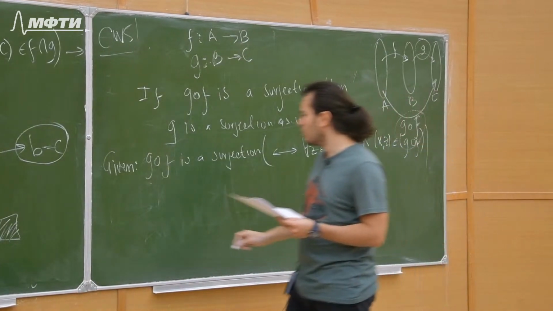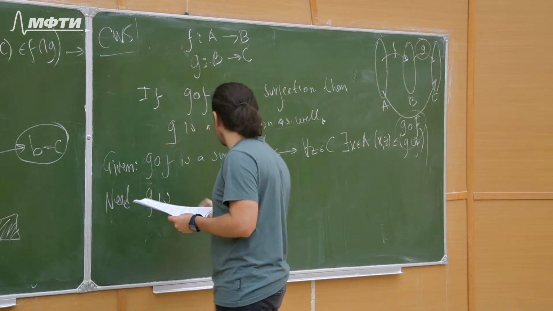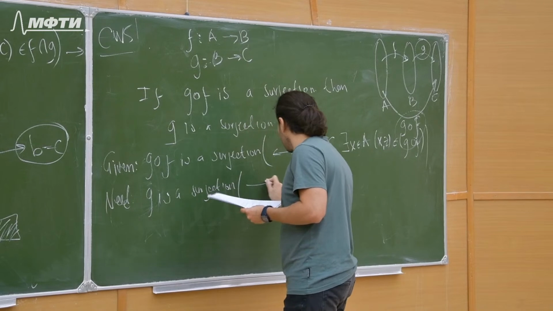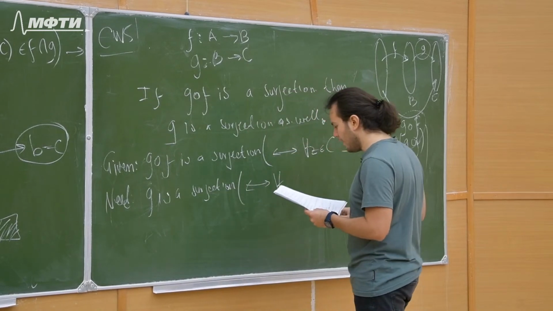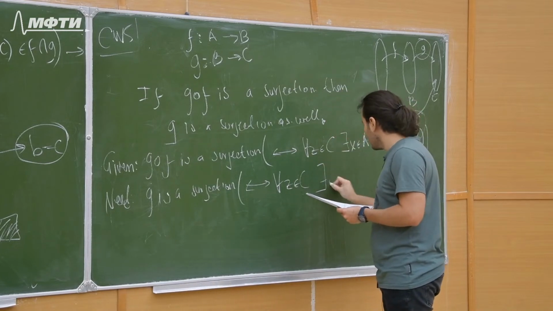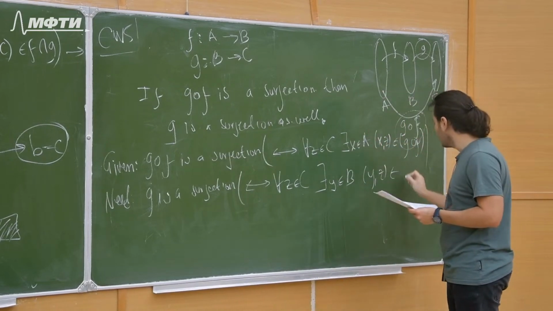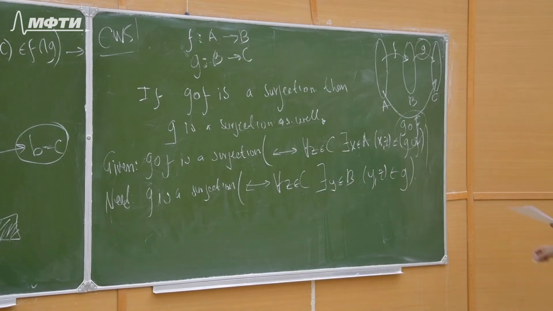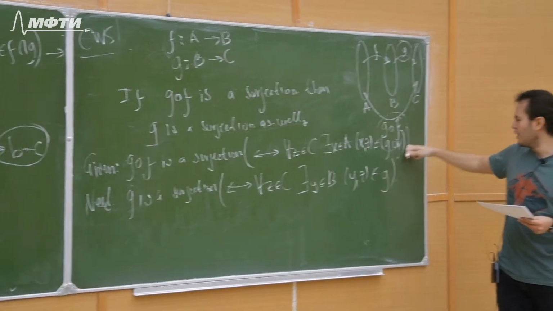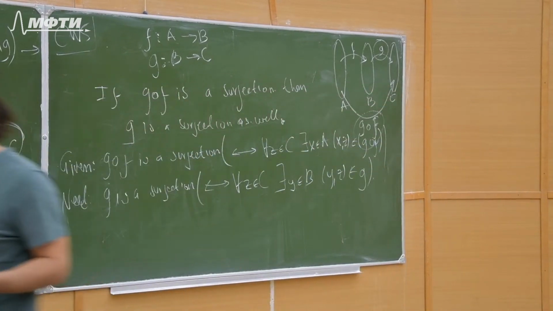And we need to show that G is a surjection as well. So that for every element in C, there exists some element in B such that this ordered pair belongs to G. So we're given this, and we need to prove this. Let's use this, and we obtain the following.